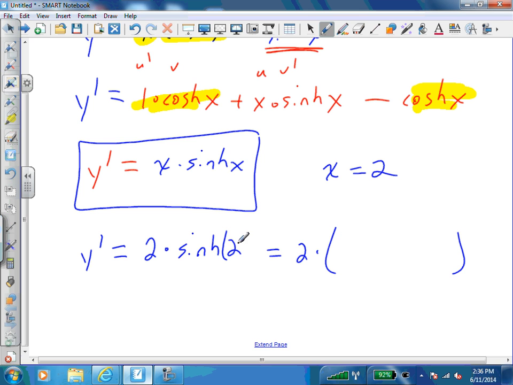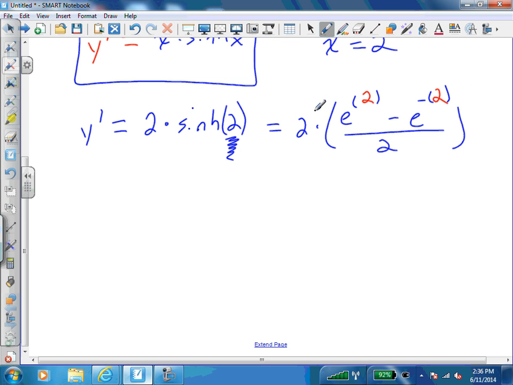remember, hyperbolic sine, that's e to the x minus e to the negative x over 2. And what are we plugging in for x? 2. So that's e squared minus e to the negative 2 over 2. So our 2's would cancel. So we got e squared minus e to the negative 2.